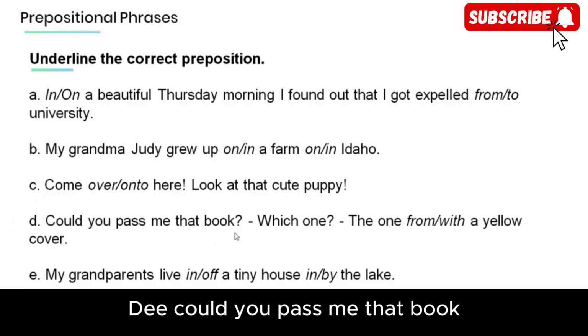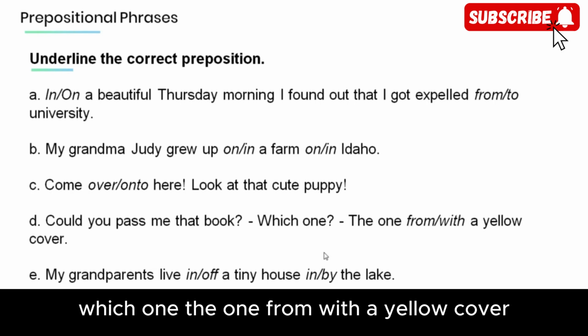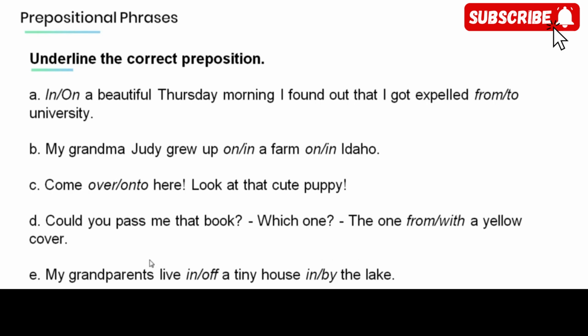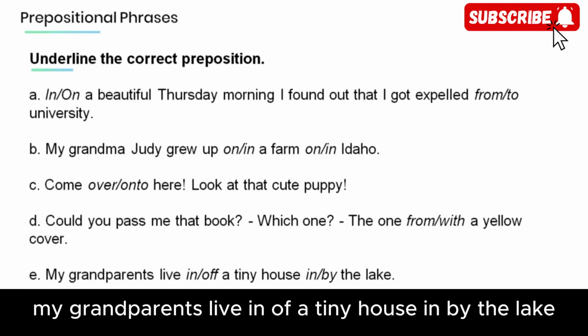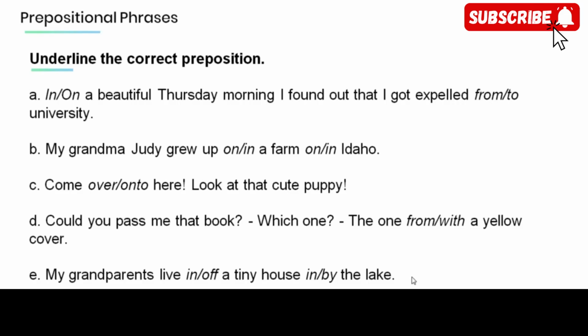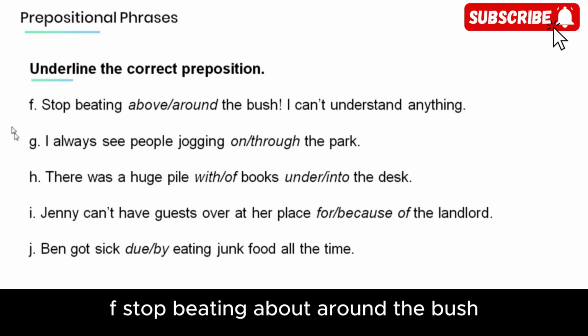D. Could you pass me that book? Which one? The one from with a yellow cover. E. My grandparents live in of a tiny house in by the lake. F. Stop beating above around a bush.